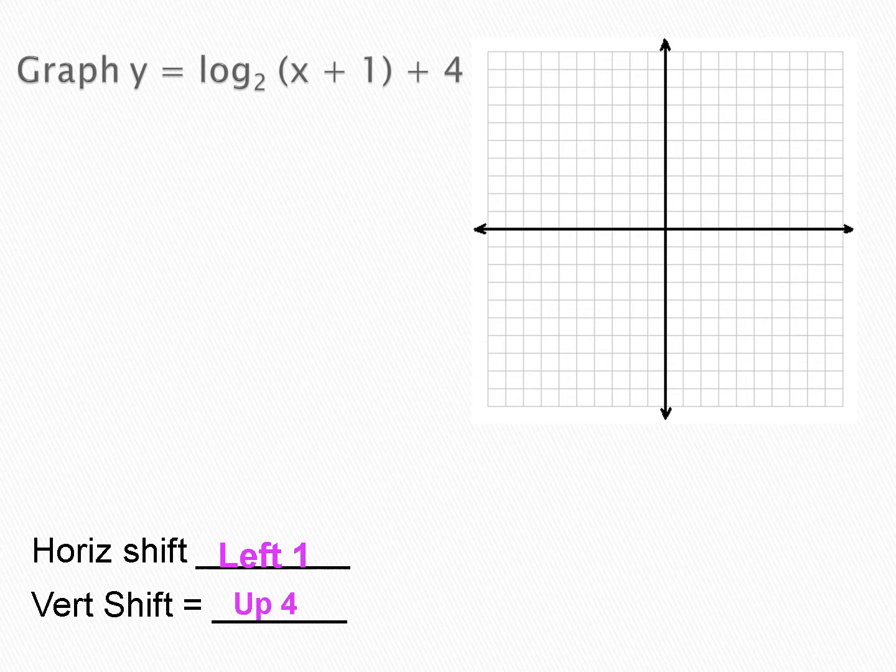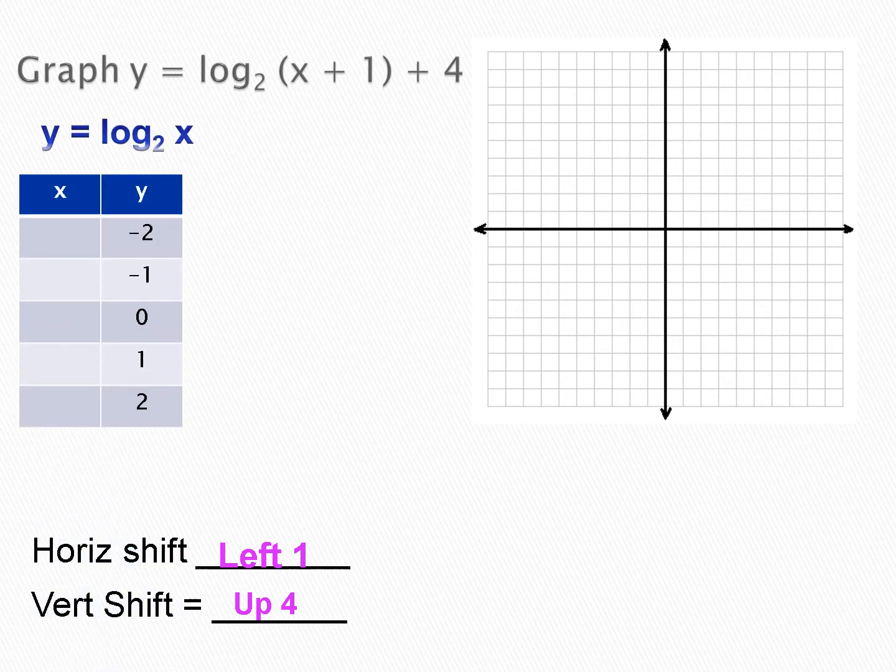So let's talk about how we graph this down. Well, just like remember with the exponentials, we had to create the parent function table. Same with the logs. You have to complete the log parent function before you go up, down, left, and right. So log base 2 of x, remember our y's are negative 2 to 2, and now our x's are 1 over b squared, 1 over b, 1, and b squared.